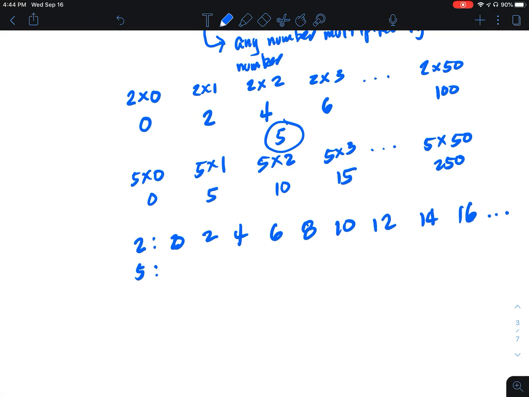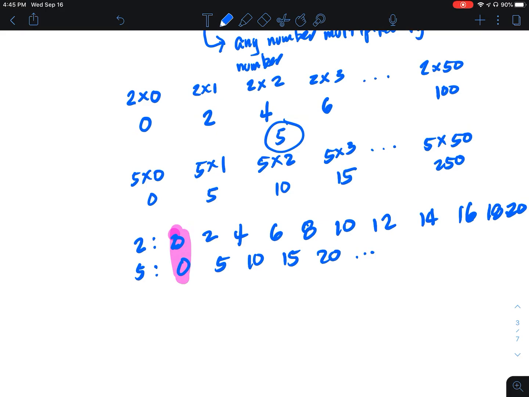Multiples of 5 are 0, 5, 10, 15, 20, and so on. Now, if we don't look at 0, what is the least common multiple of 2 and 5?